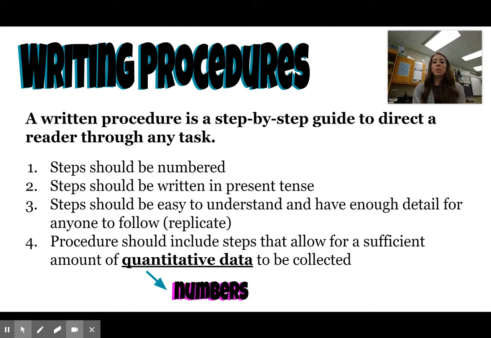So if I wrote a procedure to tie a shoe, I could go bring it over to somebody living in, I don't know, Mars and give it to them and they could figure out how to tie a shoe. And then, lastly, number 4, the procedure should include steps that allow for a sufficient amount of quantitative data to be collected. Remember, quantitative is numbers. So that includes like your number of trials and all of that.